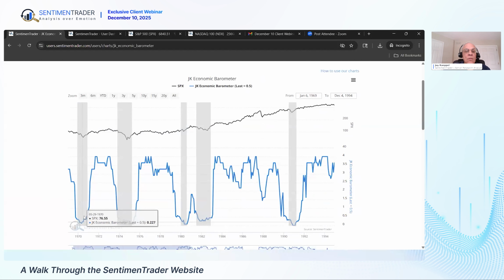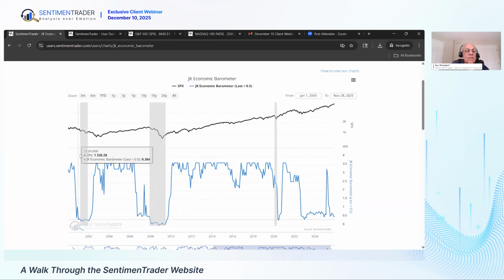Sometimes it happens before a recession, sometimes during, but it's a good sign that we've got some economic headwinds. It's also a good sign when it starts to pick up, because the stock market, of course, anticipates changes in the economy. So let's fast forward a bit and look at more recent history.